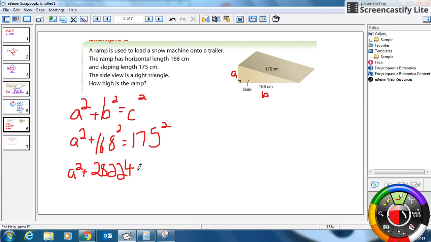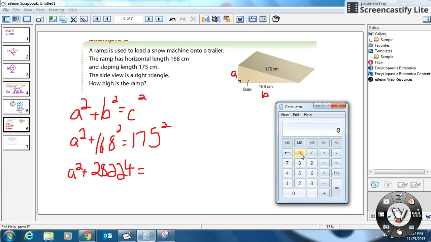Sorry about my writing, it's not that great, but it'll get us to the answer. So A squared plus 28,224 is equal to the square of 175 times 175. That equals 30,625.